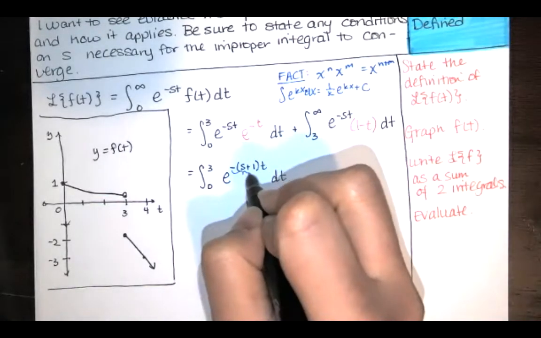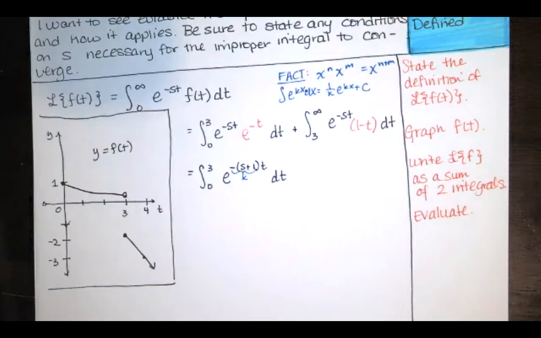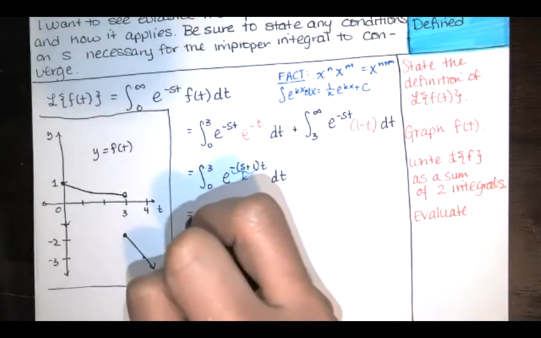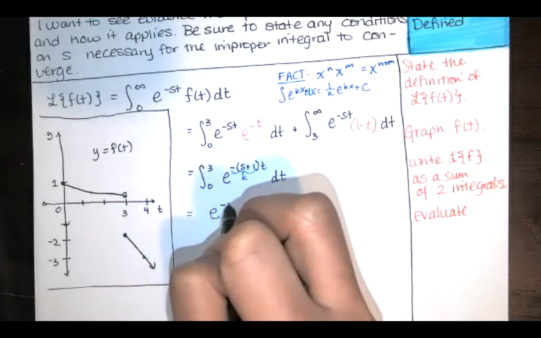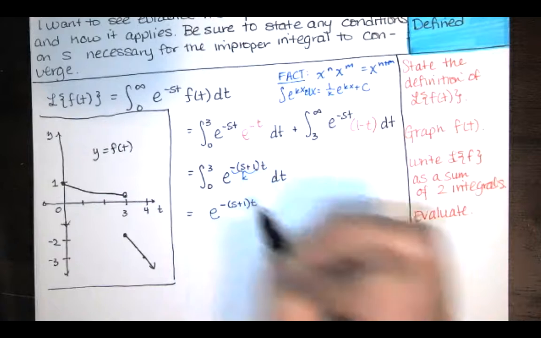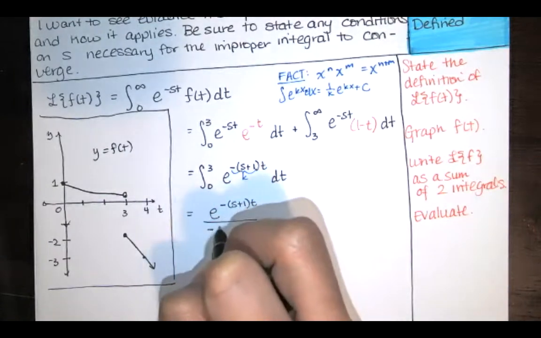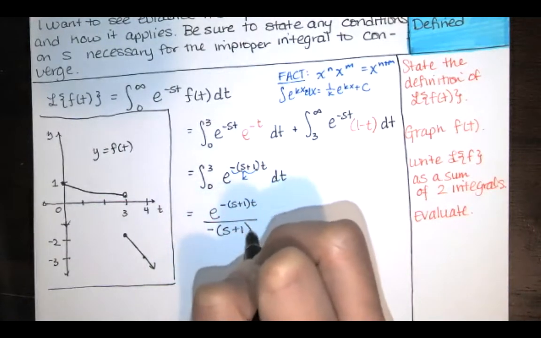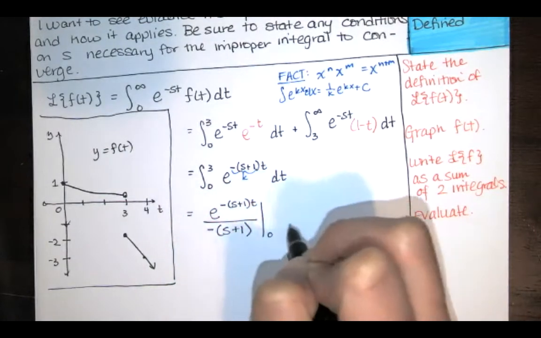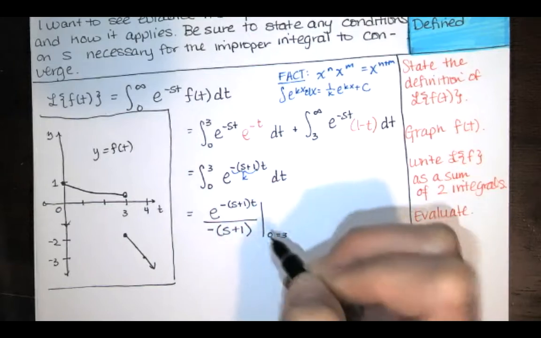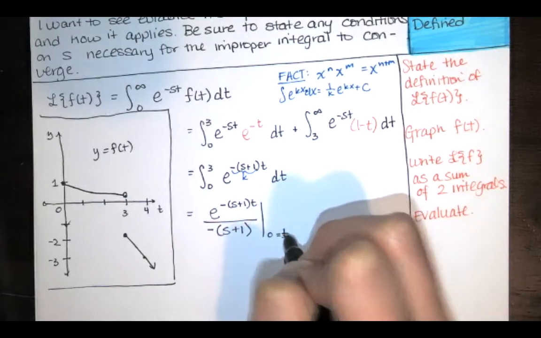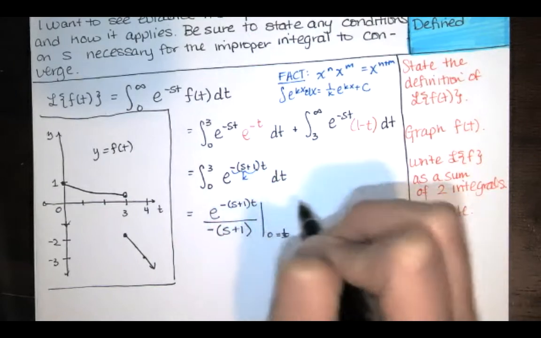So in this case, our k is the negative quantity s plus 1. So what we'll have here is e to the negative quantity s plus 1 times t, multiplied by 1 over the k. And we evaluate this from t equals 0 to t equals 3.